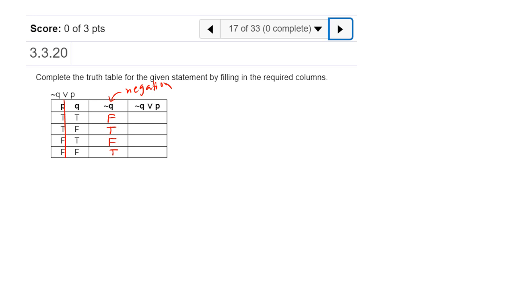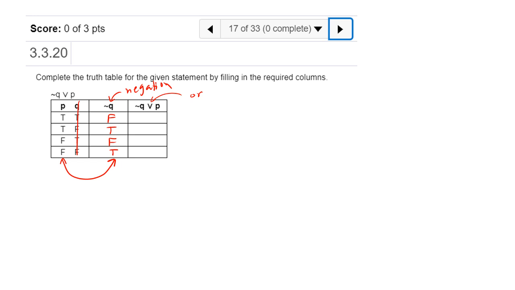Now, in the last column, we have the or symbol. Now remember, with an or, which is a disjunction, you only need true to show up one time for it to be true. So I need to consider the columns of P and not Q. These are the only 2 columns to look at now, because those are the 2 that are connected with the or.